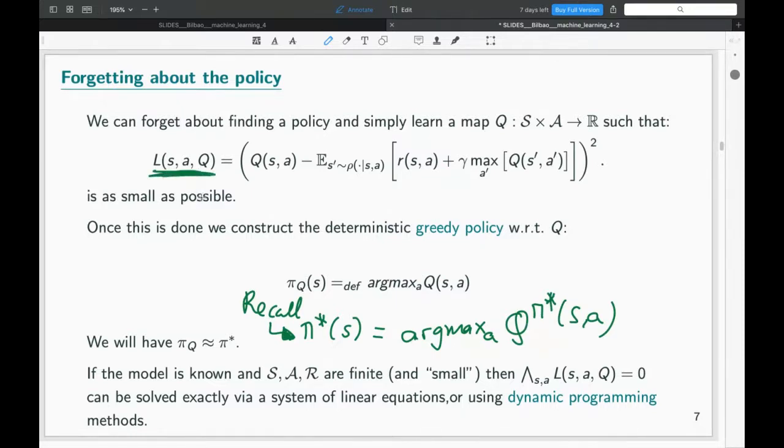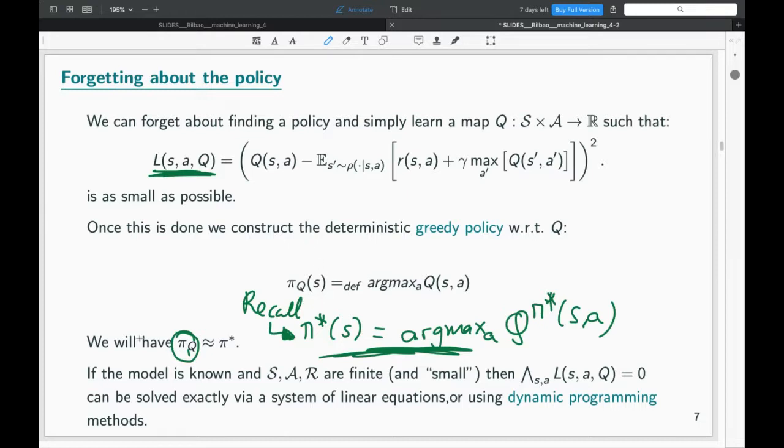If we manage to minimize these values to make them close to 0, then these Qs are very similar to the Q values of the optimal policy. So using the greedy policy with respect to this Q gives us a policy that is very close to this one.